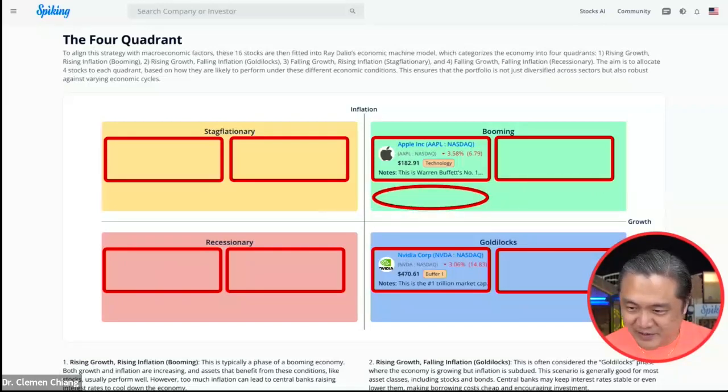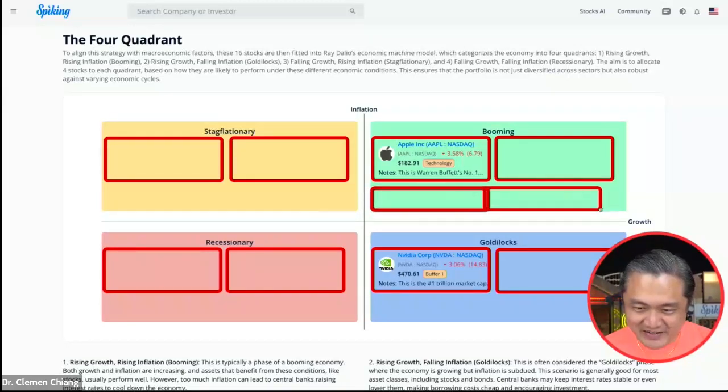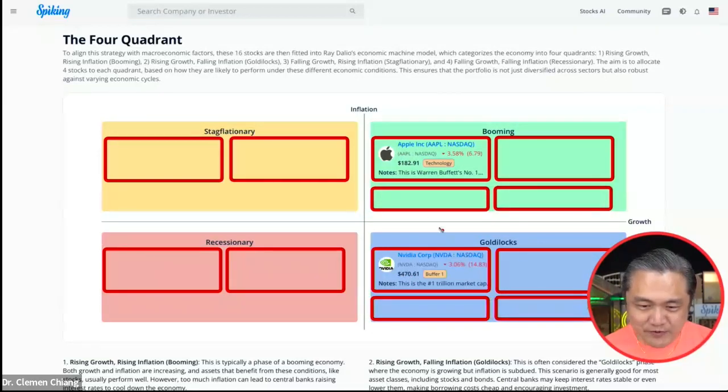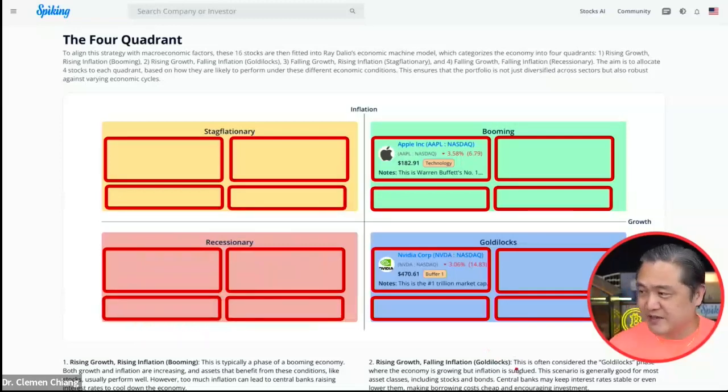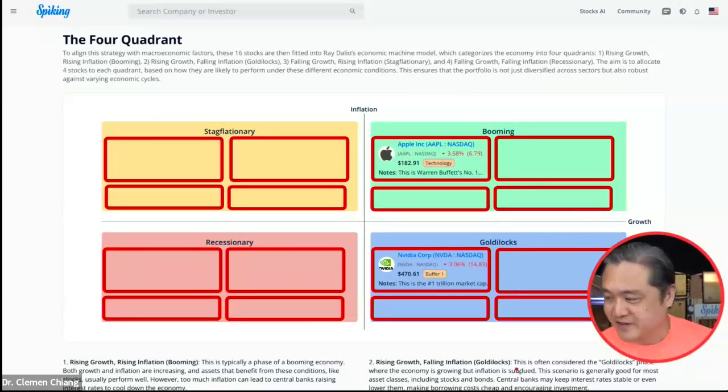Oops, hang on a minute, one more time. One more below here, and so this will be the ideal portfolio for any kind of surprises in the marketplace. And typically, when we finish building out the 16 stocks, fitted exactly into the 4 quadrants, you are untouchable.